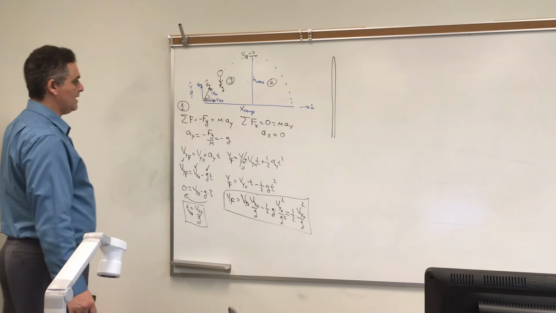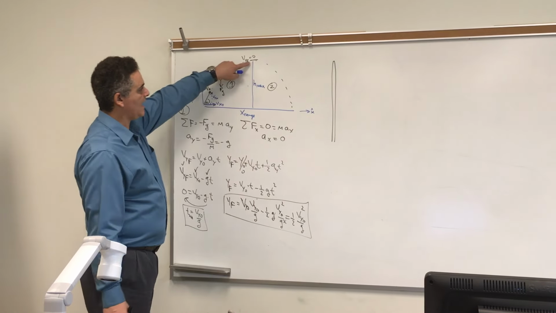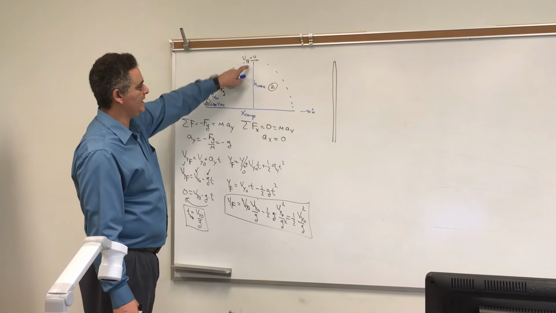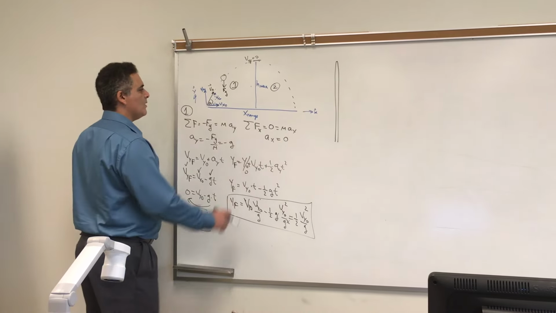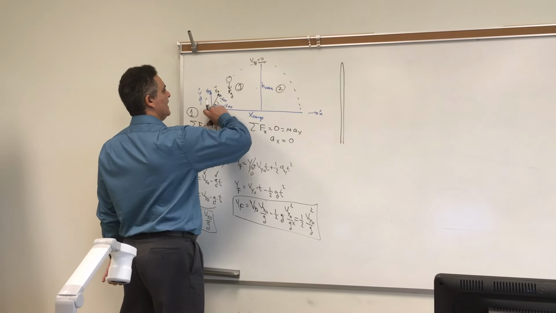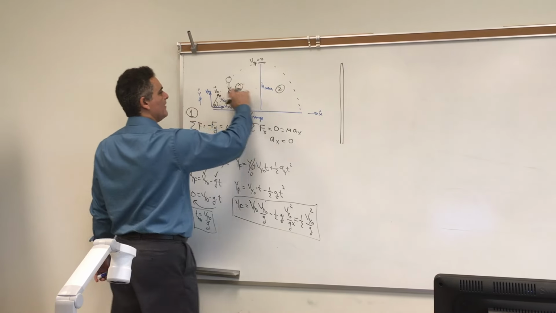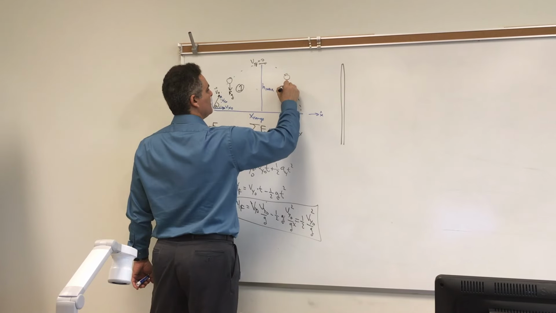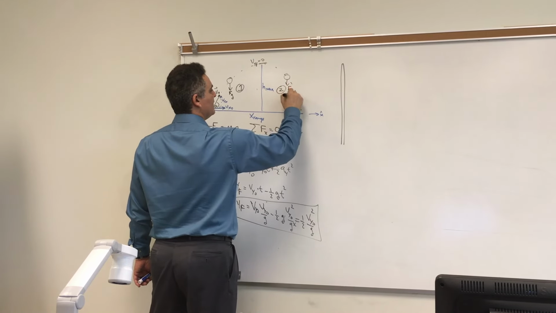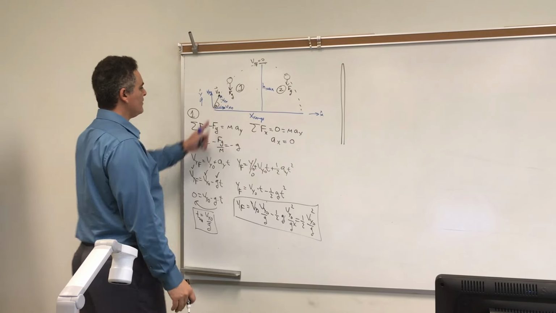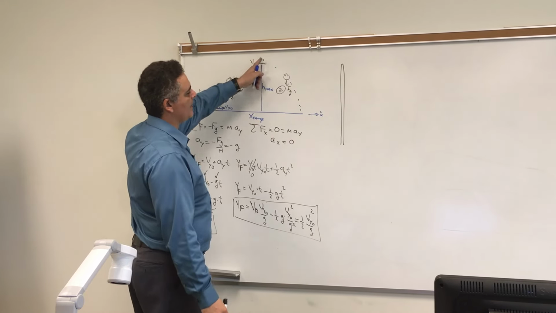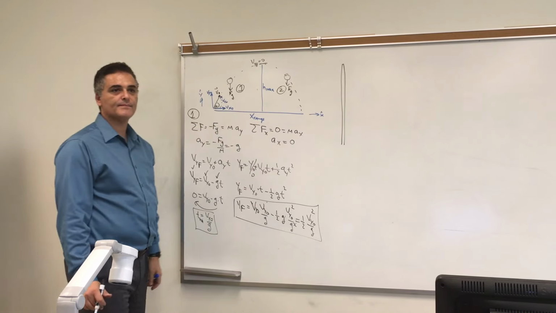So now we know the time it takes to get up here and the height it takes to get up there. But we know more than that. We also know the time it took to get here, because the acceleration of gravity here and here is going to be the same value. In other words, the accelerations are symmetrical. Then whatever time it took to go up is going to be the same time it takes to go down.